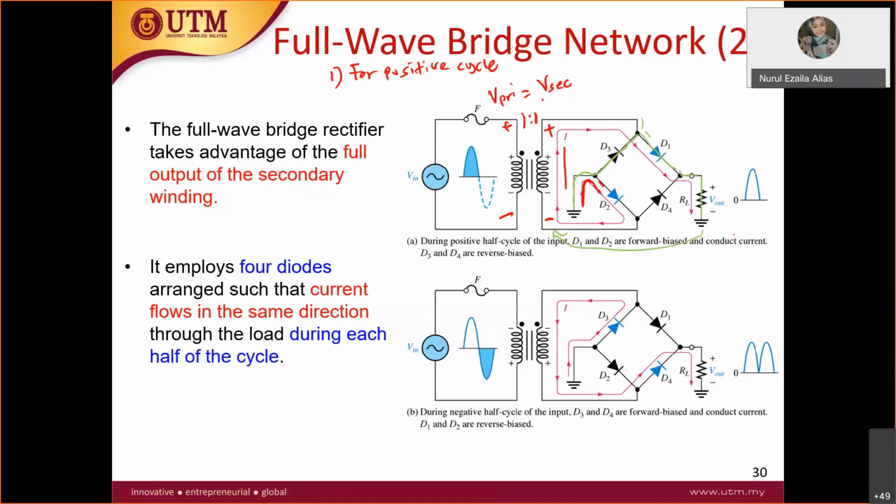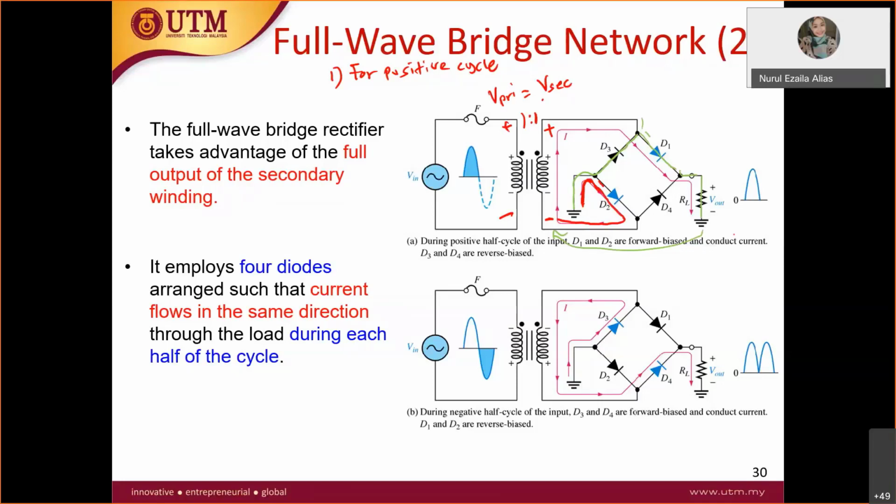We don't want that. How about we go the right way? It goes to the D2 here, and then after D2, it can go to the D4, and then to RL, but it cannot go back to your negative transformer loop. So now let's go here, from this voltage.